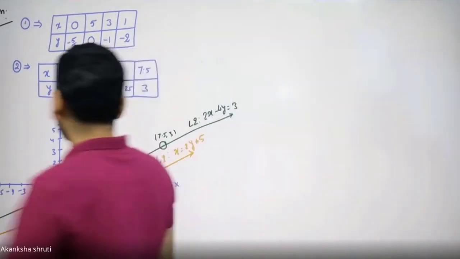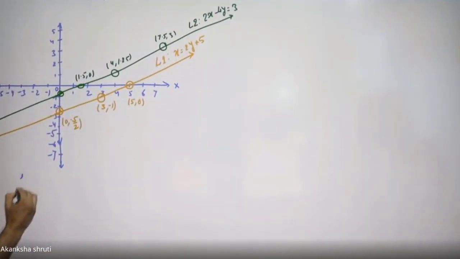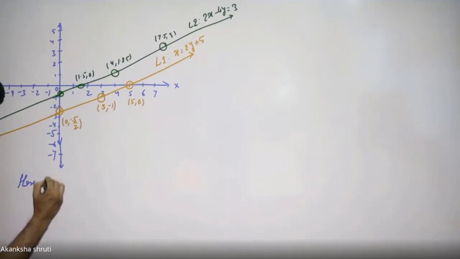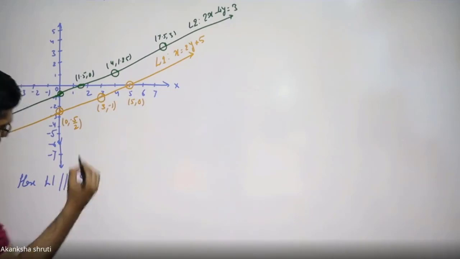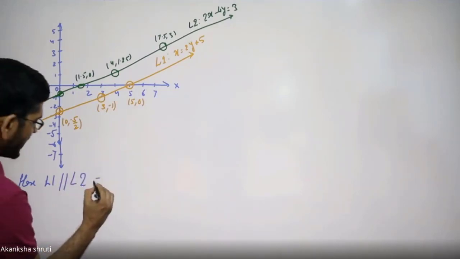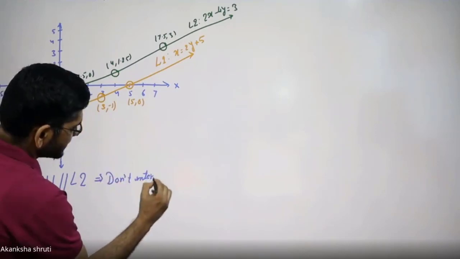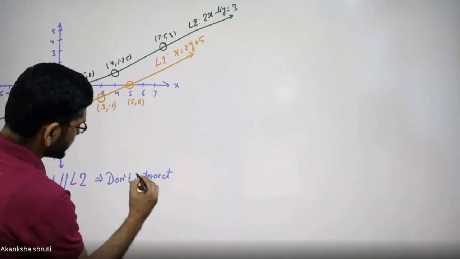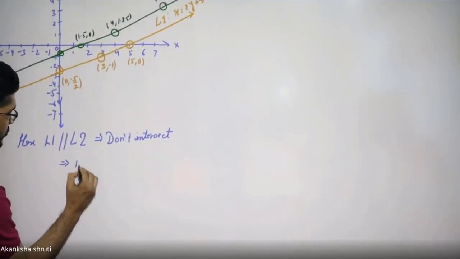So right here, write down the conclusion or remark. So here, line 1 is parallel to line 2. This implies they do not intersect. If the two lines are not intersecting, this simply means no solution.